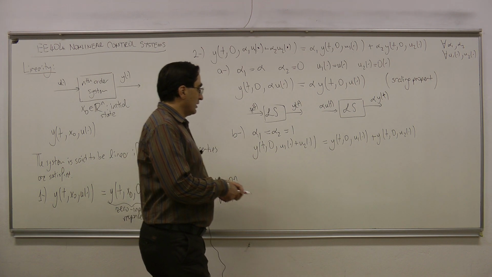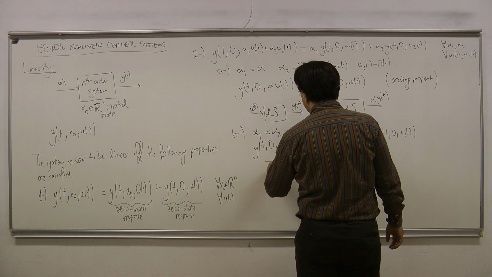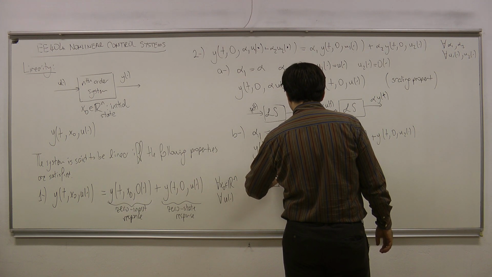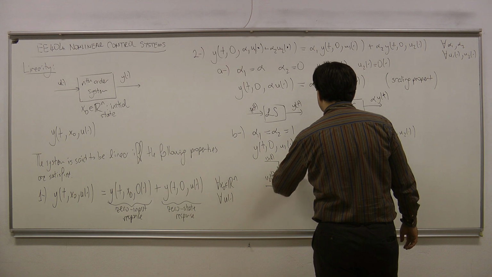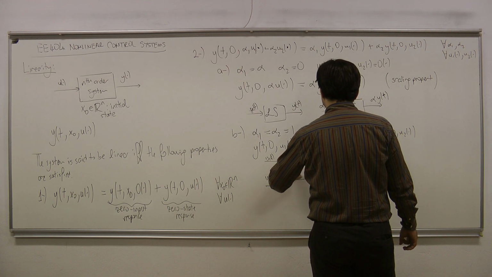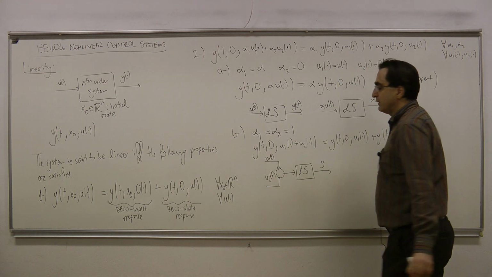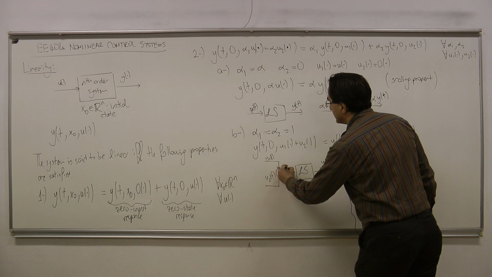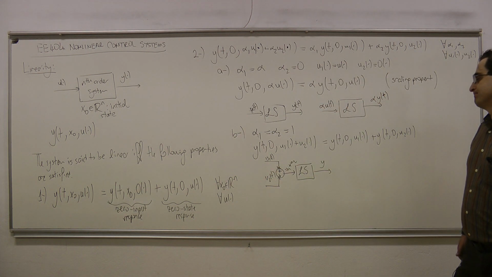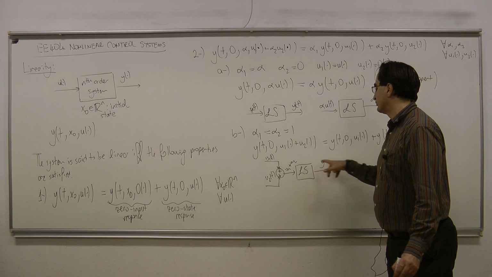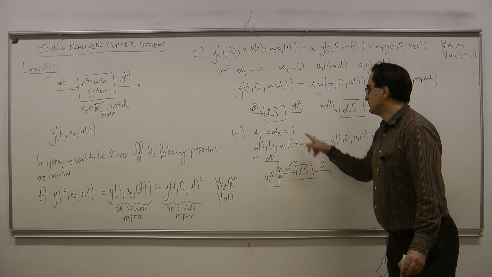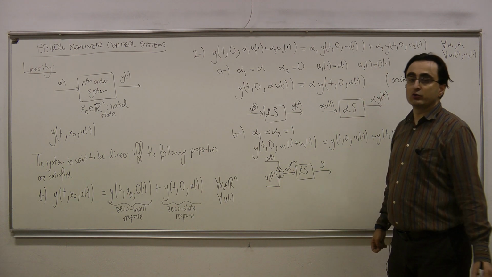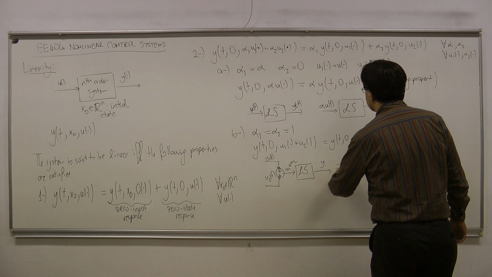If I have u1 of t and u2 of t, and I sum them and give the sum to the linear system with zero initial conditions, I get the output y. This is equivalent to the following.